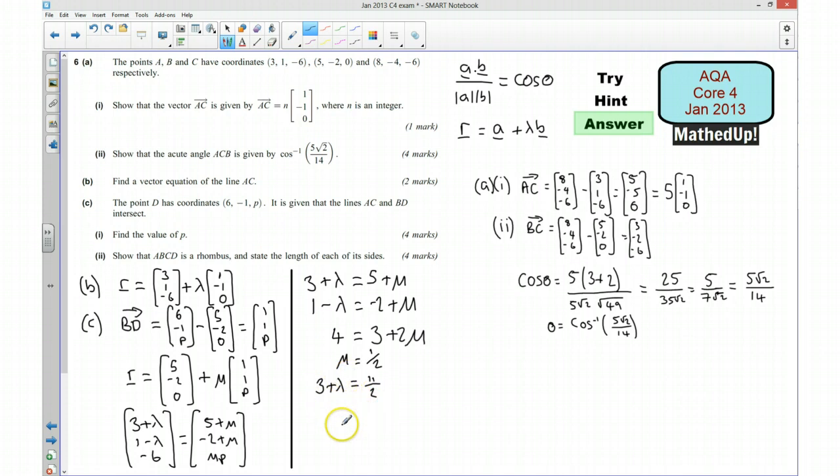Okay, and I'm going to take away 3 from both sides, so that's going to tell me that lambda is going to be equal to 5 over 2. Right, so I also know, and in fact I didn't need to work that out, I've just realised, I also know that negative 6 is going to be equal to mu times p, and we know that mu is a half.